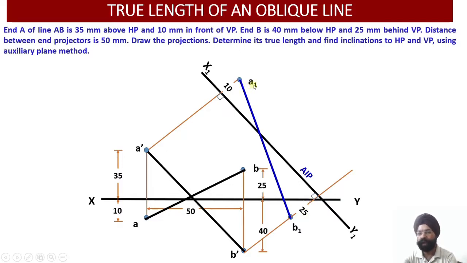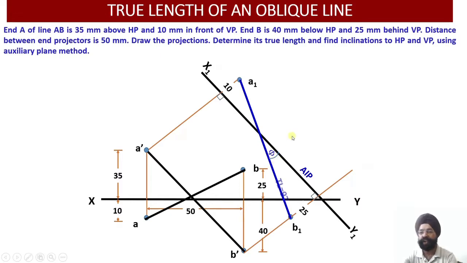So once I locate these 2 points A1, B1, that is points of the auxiliary plan, I obtain the true length of this line. So this blue line represents the true length of the oblique line, whose front view was given to me as A dash, B dash. So having obtained this true length, now the angle of inclination of this true length with the AIP, this gives me the angle phi, because this is the true length obtained in the plan.